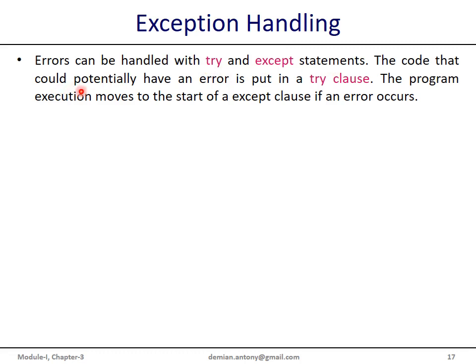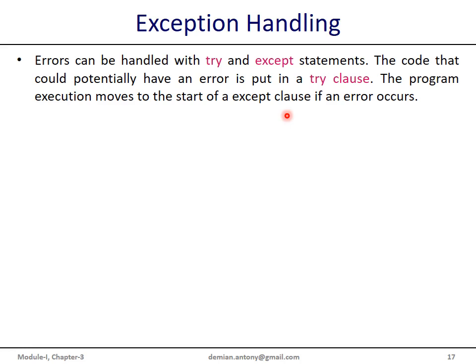The code that could potentially have an error should be put inside the try clause, and the remedial action for such a runtime anomaly needs to be specified inside the except statement. The program execution moves to the except clause if there is an error due to a runtime anomaly.